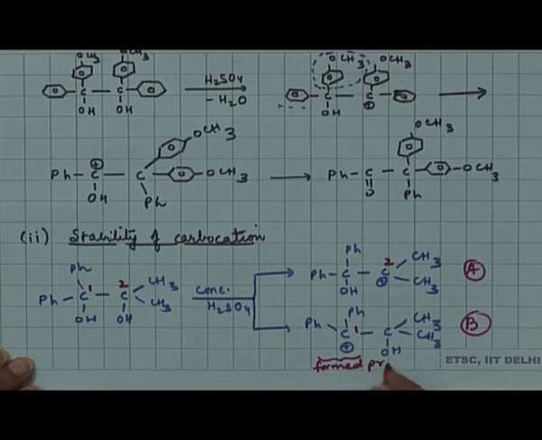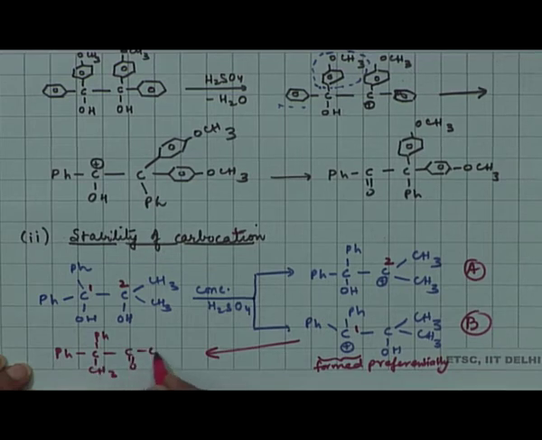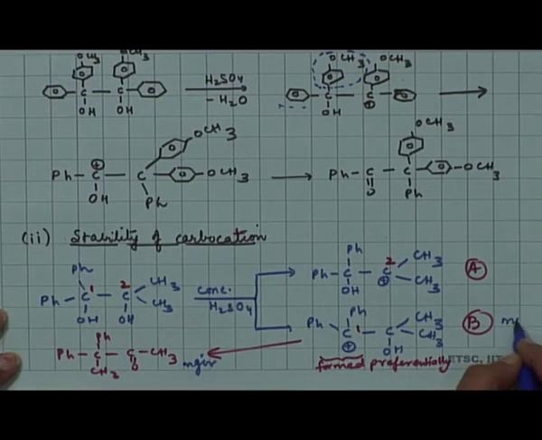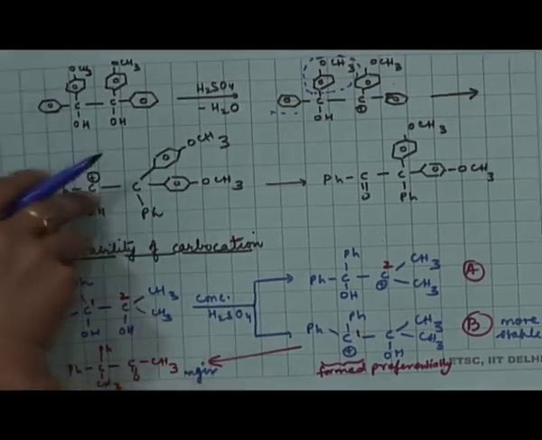So, if this is formed preferentially, the product from the Pinacol pinacolone rearrangement of this is going to yield the major product from B as the intermediate, which will then involve migration of the methyl group and formation of this pinacolone. So, this is formed as the major product because B is the more stable carbocation, and therefore, this will be formed in preference to the other, yielding you this product as the major product.